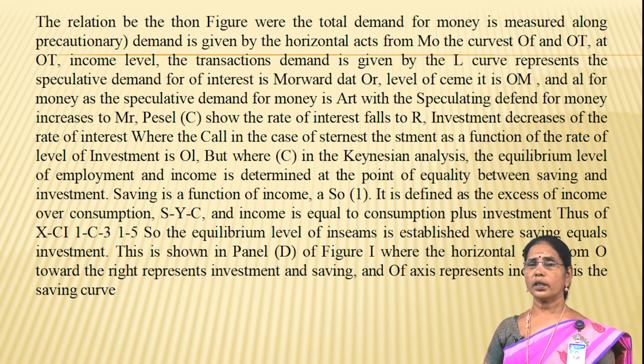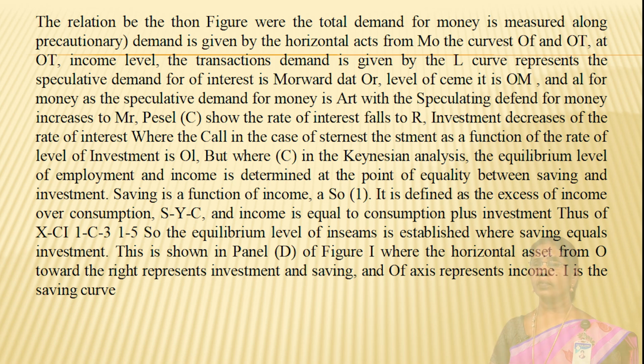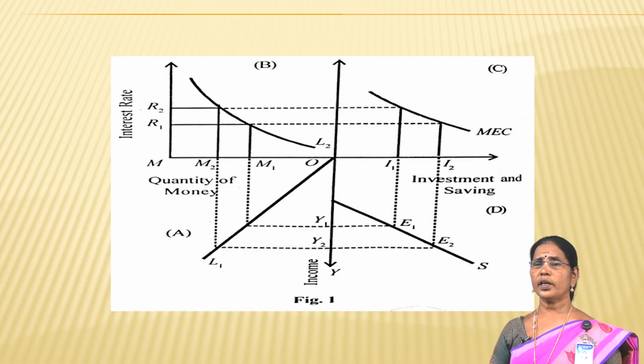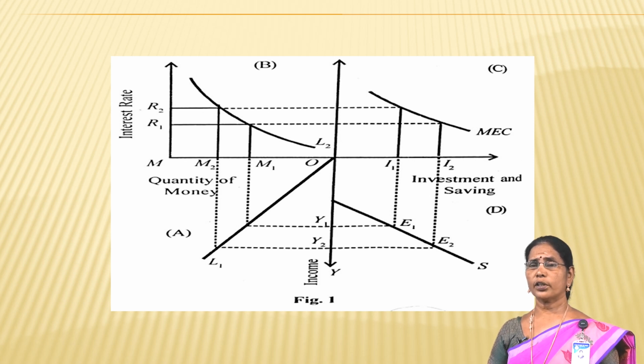This is shown in panel D of figure 1, where the horizontal axis from O towards the right represents investment and saving, and the OY axis represents income. S is the savings curve. Here we have to take the explanation of Keynesian underemployment equilibrium.